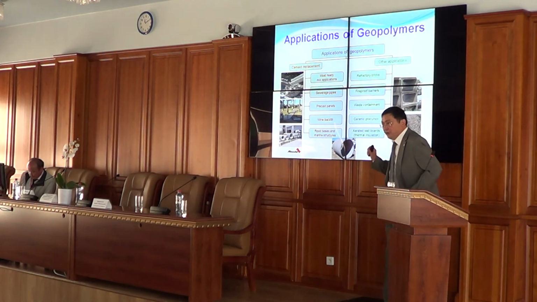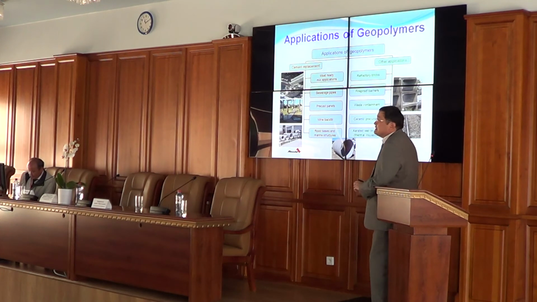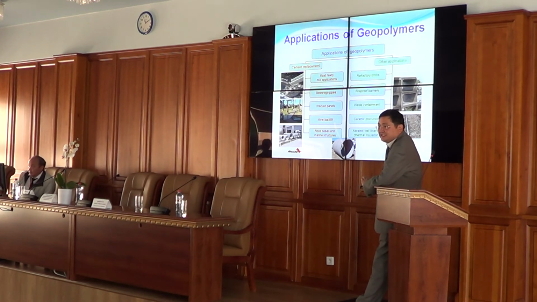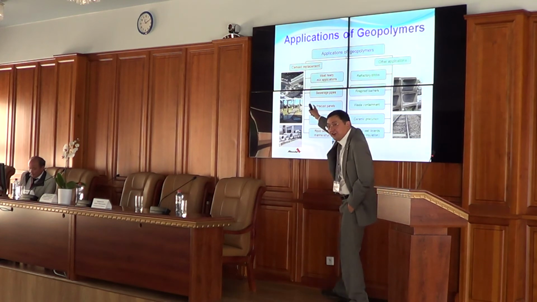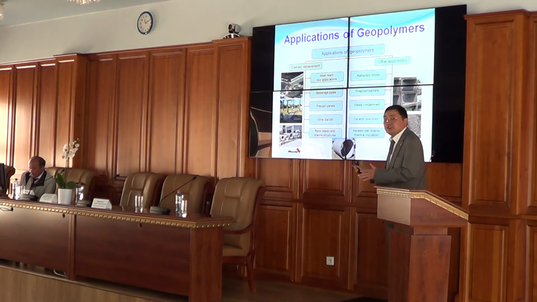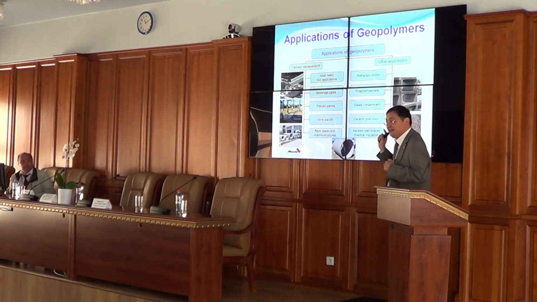From 2007 to 2010, I was in Australia as a research project leader on geopolymer production. For the first time in Australia, we made a vacuum panel. It's usually made of concrete, but it was the first time in Australia we made it from geopolymers.